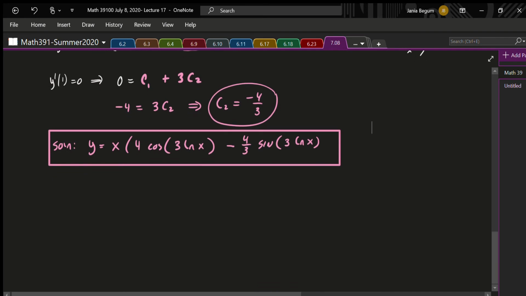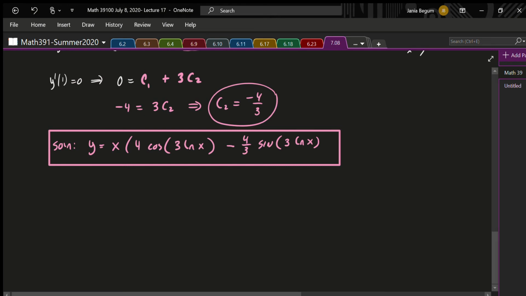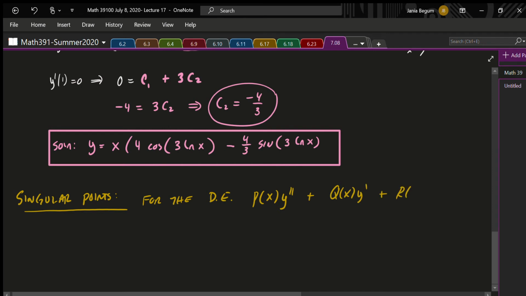So singular points. So suppose you have the following differential equation: p of x y double prime plus q of x times y prime plus r of x times y equals 0.